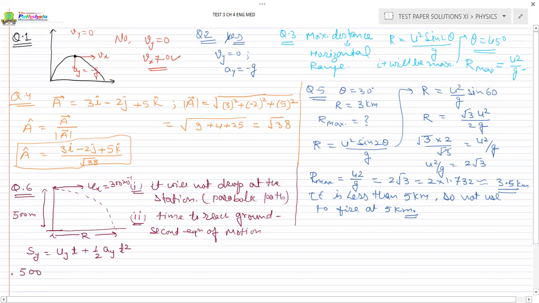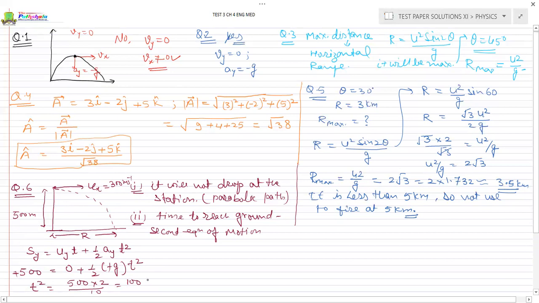So 500 is equal to 0 plus 1 upon 2 minus g and t square. Taking g as 10, t square is equal to 500 multiplied by 2 upon 10, so t square is equal to 100.